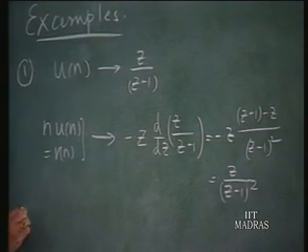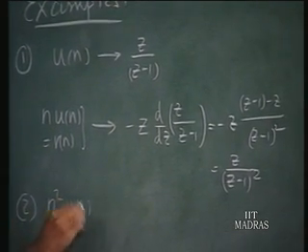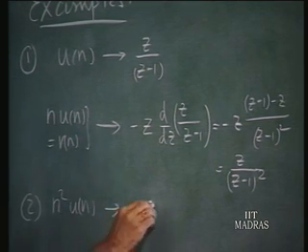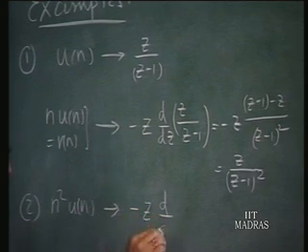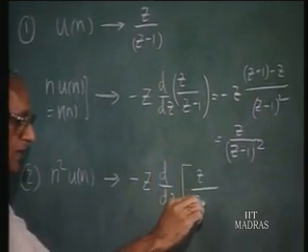Now, suppose I want to find out the z transform of n squared u of n. That means this particular function is multiplied by n again. Therefore, its z transform is minus z d by dz of this expression, z upon z minus 1 whole squared.